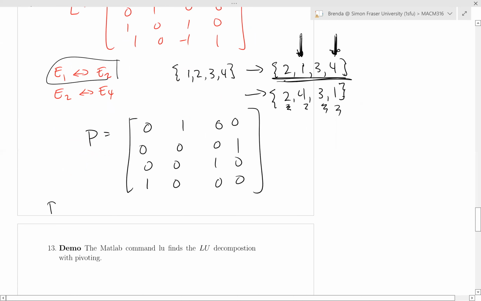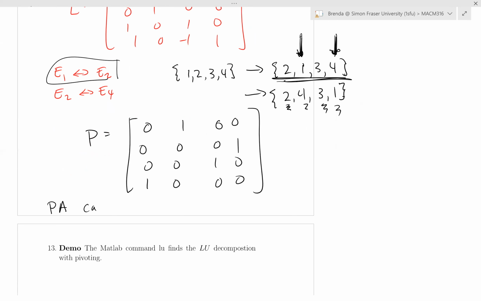Now we have a situation where P can be factored. We know the 2 row changes. That's how we do it. But we don't actually have L yet. We have to adjust to find L. And I'm going to leave those details in the adjustment.